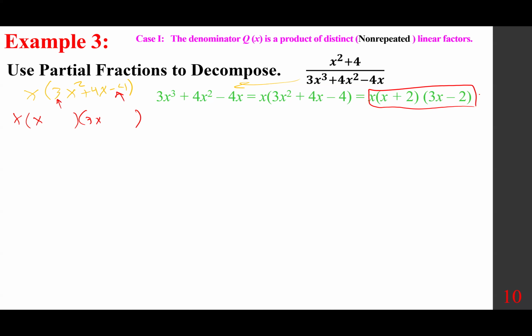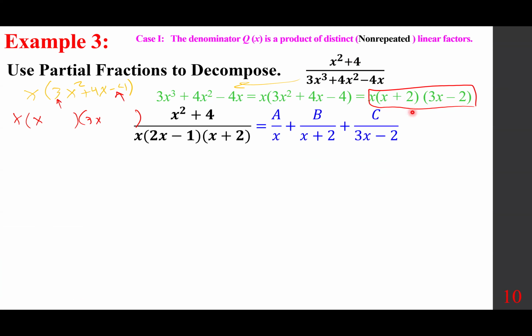So now you have your factors of x plus 2, 3x minus 2. So you're going to write this with the denominator being in factored form, and then A over the first factor x, plus B over the second factor.